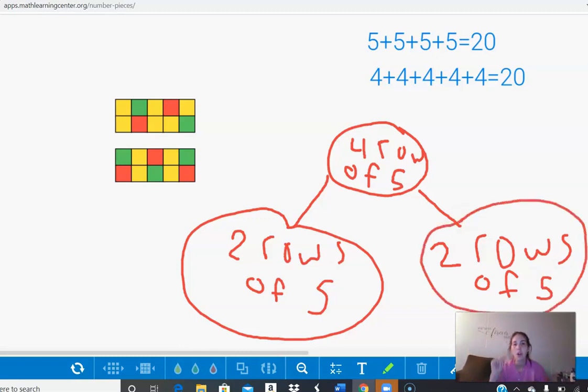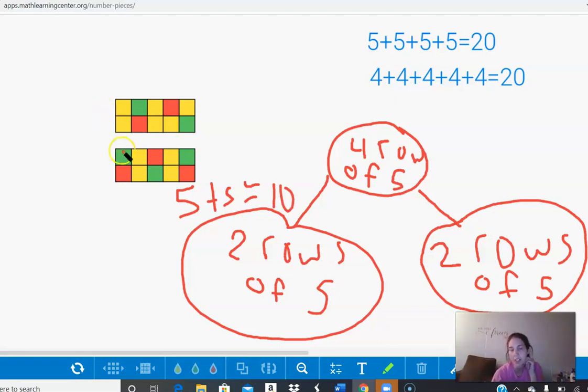Now, what addition sentence would you use for just one group? Well, how many was in one row? 5 plus 5, right? So we have 5 plus 5 equals 10.